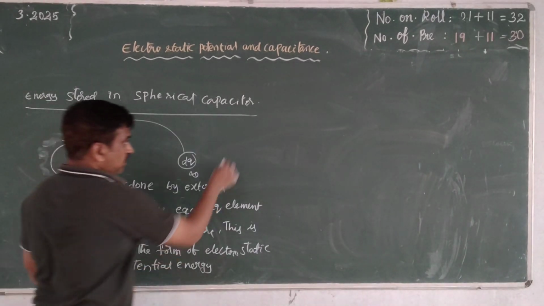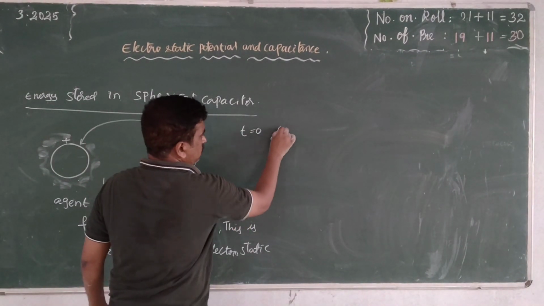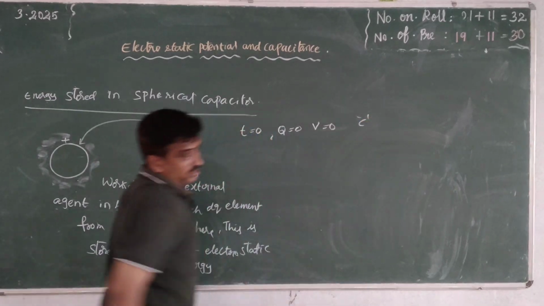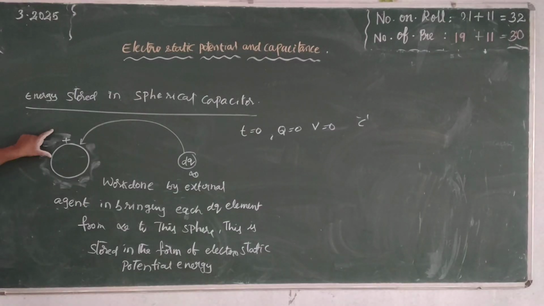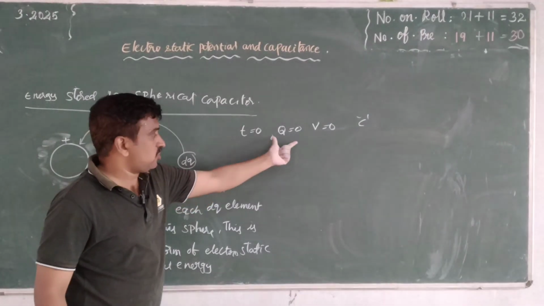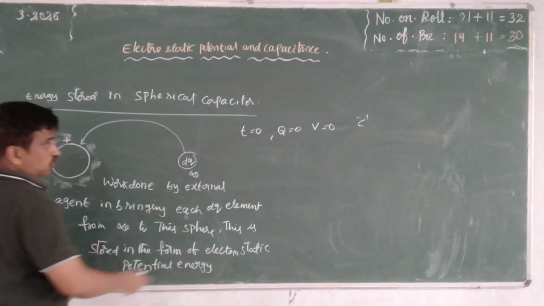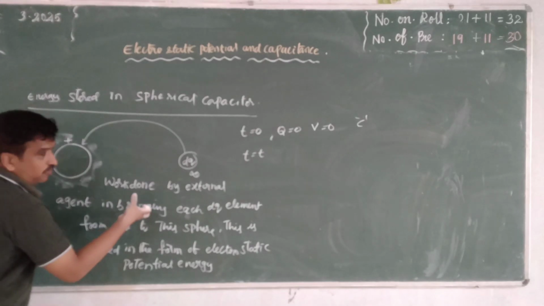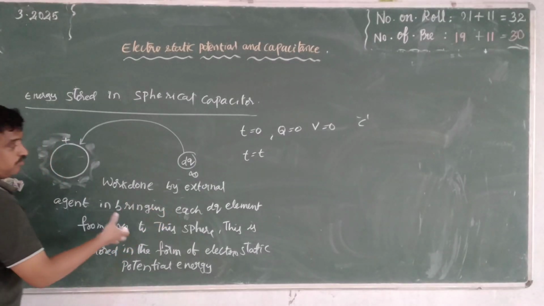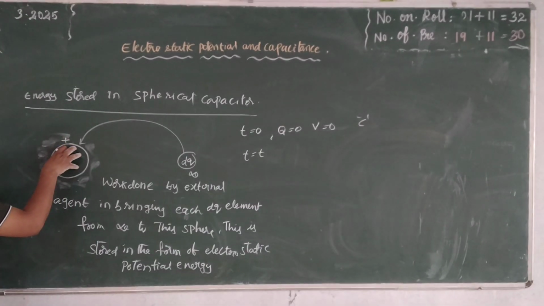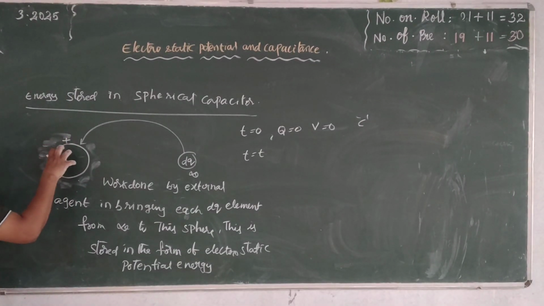For example, at t equal to 0, charge equals 0, so potential equals 0. For the spherical capacitor with capacitance C, no charge means at t equal to 0 time, charge is 0, potential is 0. At t equal to t time, we have to do some work by an external agent to bring each dq element from infinity to this sphere.